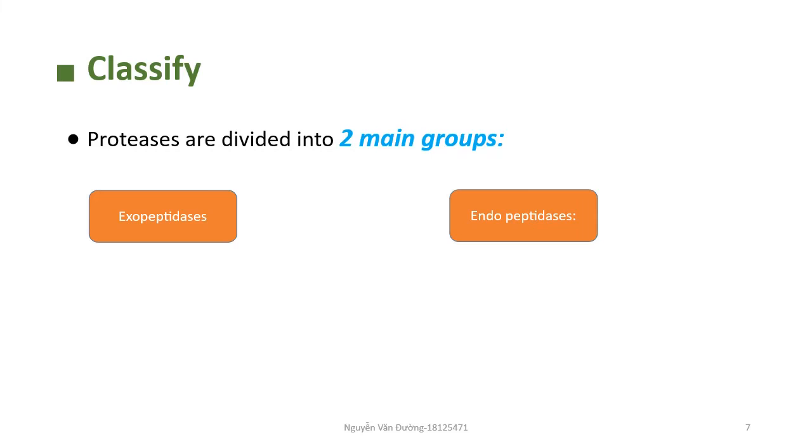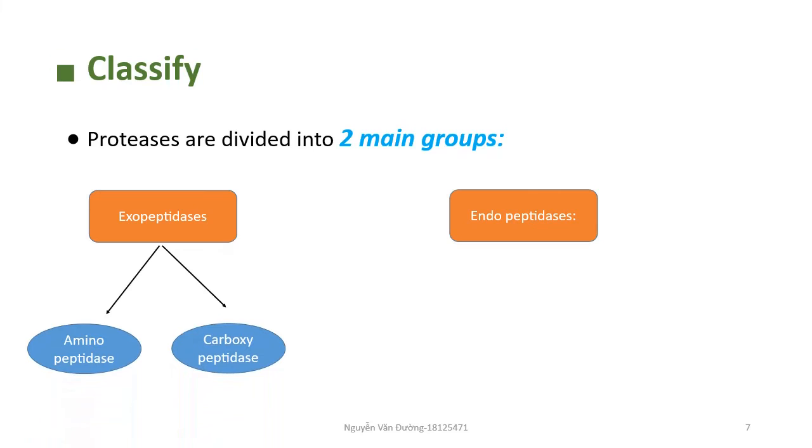Exopeptidases, based on the site of action on the polypeptide chain, are classified into two types: aminopeptidase and carboxypeptidase. Aminopeptidase catalyzes the hydrolysis of peptide bonds at the free nitrogen terminus of a polypeptide chain to release an amino acid, a dipeptide or tripeptide.